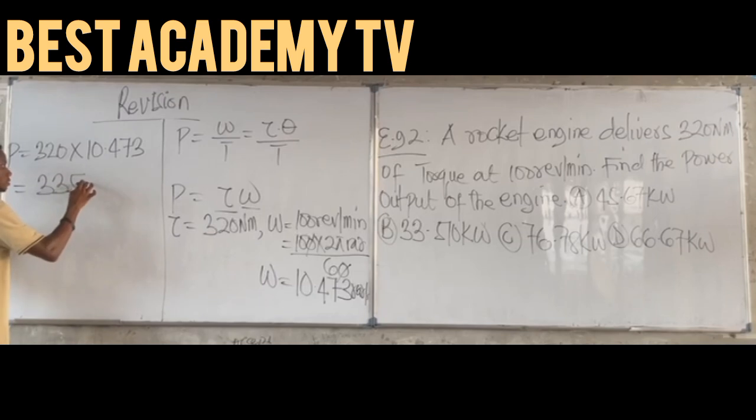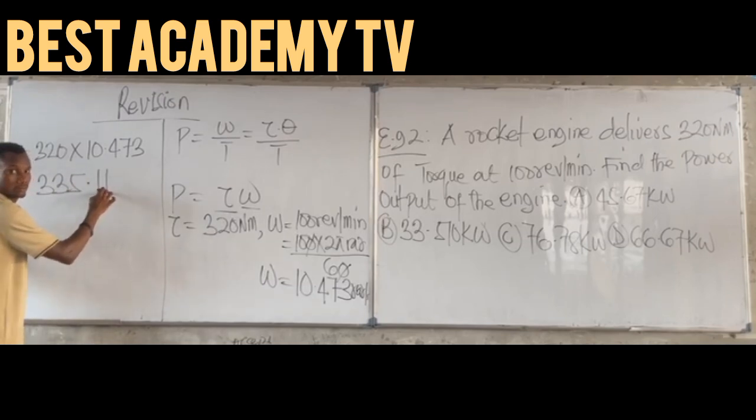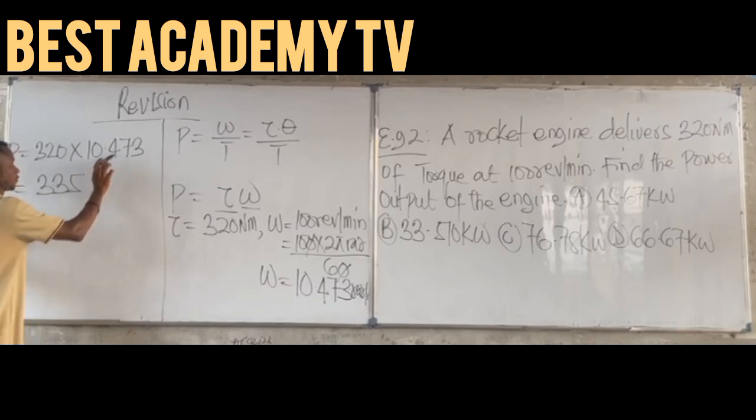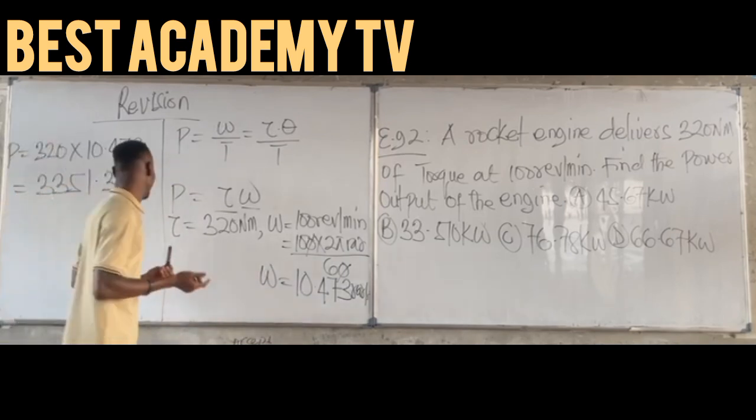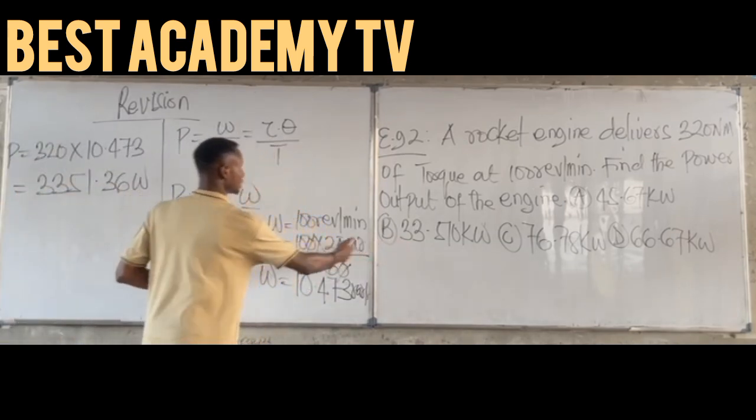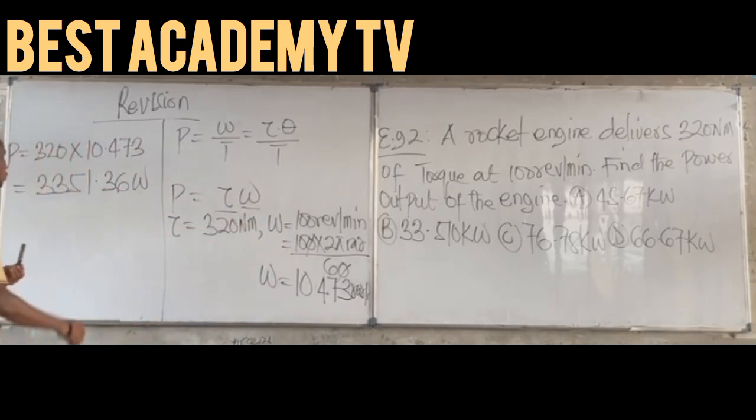The answer is 3351.36 in watts. Now let's change that to kilo. Kilo means 1,000, so we divide by 1,000 to change to kilo.